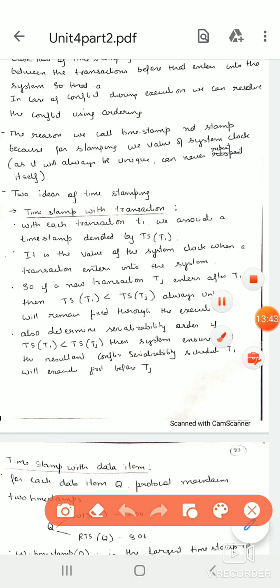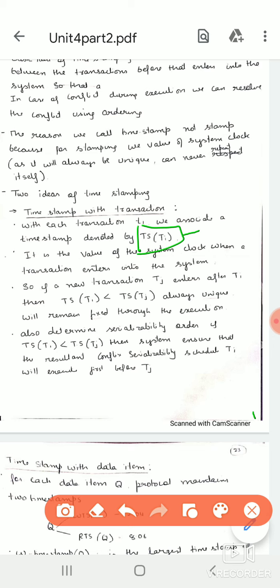So each transaction Ti will be associated with a timestamp. It is the value of the system clock when the transaction enters the system. At 9 o'clock the transaction has entered, so 9 o'clock is our system clock. Based on that, a time slot is given. Or else there is a logical clock, based on counting: whatever count the transaction has entered with will be the count for the transaction. So based on transactions you have two types, one is the system clock and the other is the logical count.